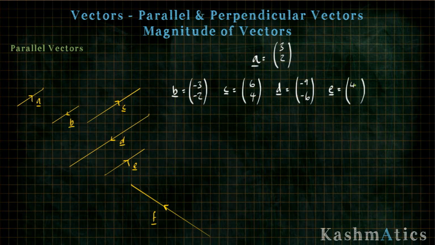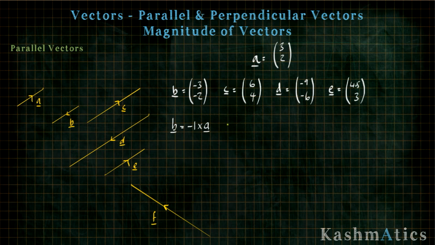So 4.5 and 3. What we're going to do is see how these vectors at the bottom here are linked to vector A. If you haven't already spotted it, you'll see they're all multiples of vector A. Vector B, for instance, is almost the same, it's just going the other way. So it's minus 1 times vector A. It's still a multiple, it's just that minus 1 is the factor.